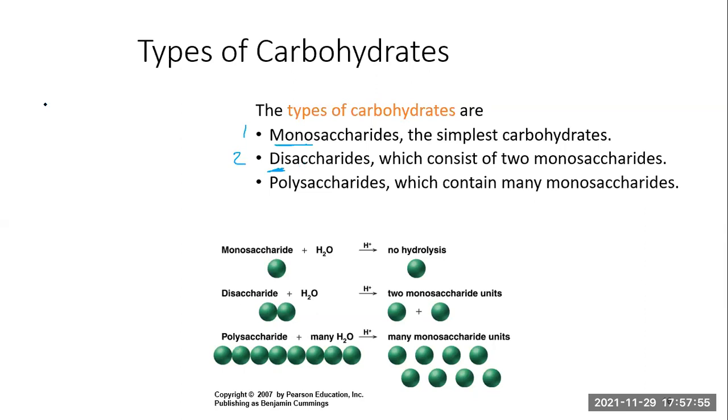And as we'll talk about, the way we put them together is we take out water. As you take out water, the two sugars can then bond together to form a disaccharide. And a polysaccharide is many monosaccharides all put together, again by removing water. And that's what we see down here.